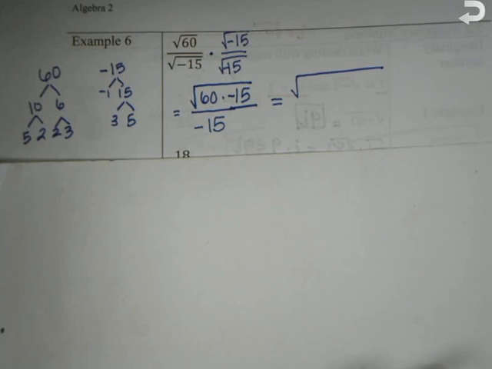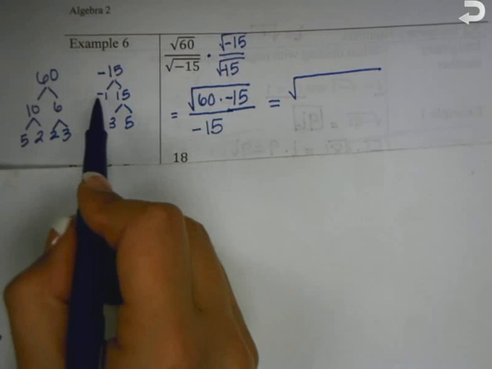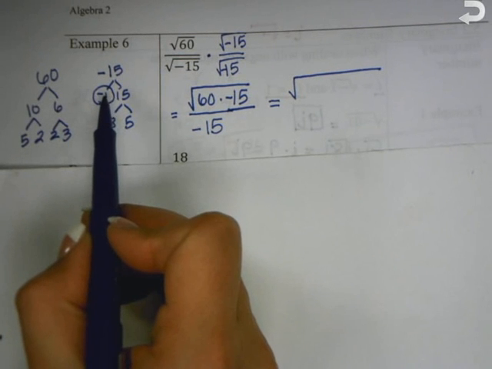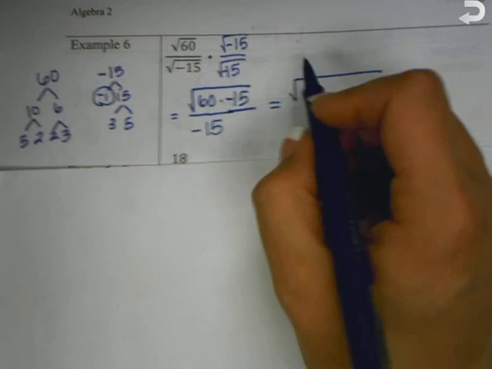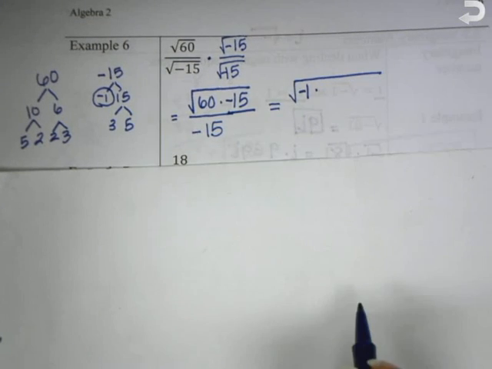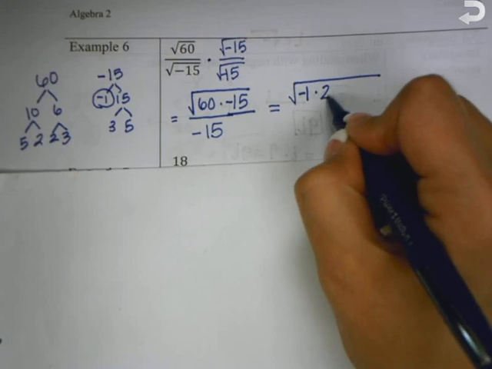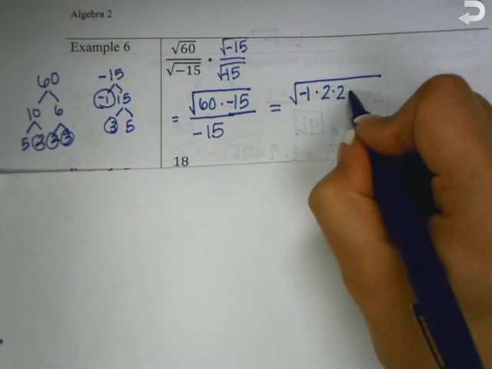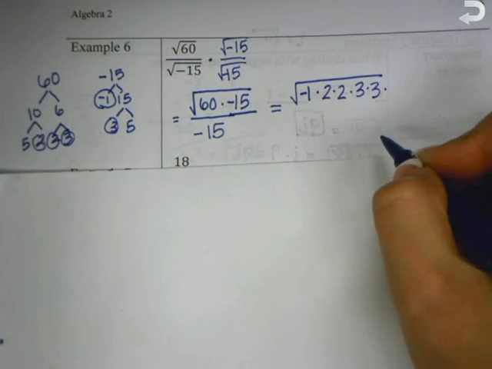Well, we want to pull out that negative 1 because the square root of negative 1 is I, right? So we want to pull out that negative 1. And then I put them in order. 2 times 2 times 3 times 3 times 5 times 5.